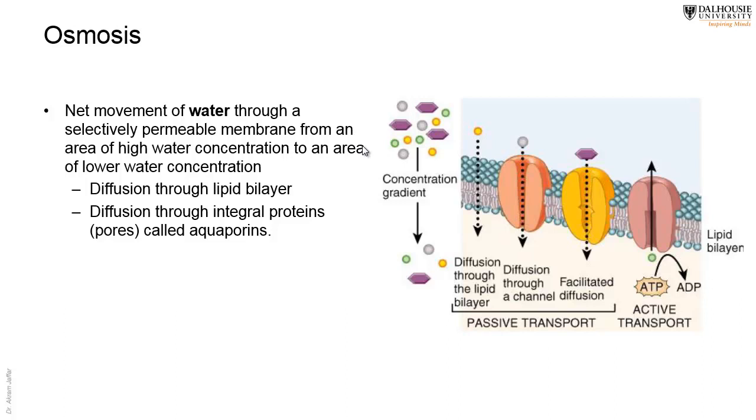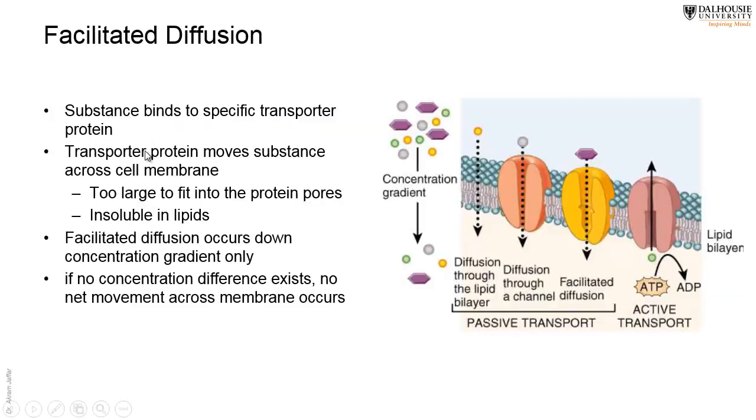And again, I repeat, osmosis is a kind of diffusion that is usually used for the diffusion of water. By diffusion, we don't use energy from the cell. The third type of diffusion is called facilitated diffusion, and this is the type of diffusion that requires a transporter protein.